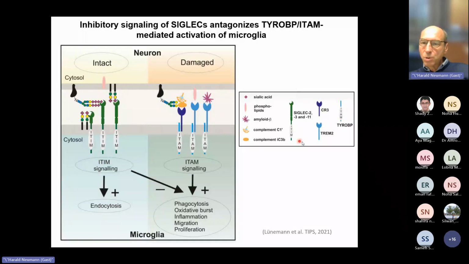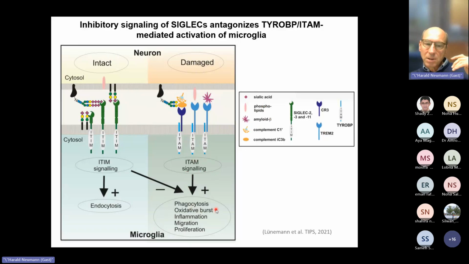It's coming from TREM2, which is an Alzheimer's disease gene, highly linked to Alzheimer's disease, which can bind amyloid beta aggregates, which can bind phospholipids, which are popping out on the cell surface if you have a lesioned cell. And this signaling can lead to activation of the microglia.